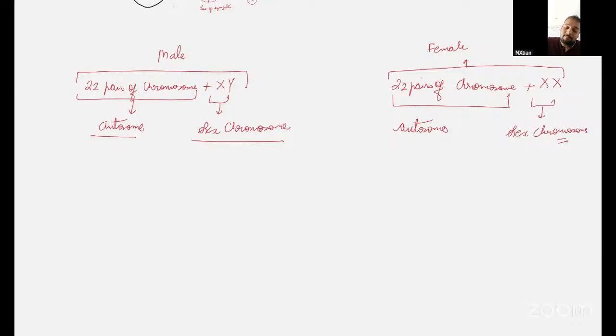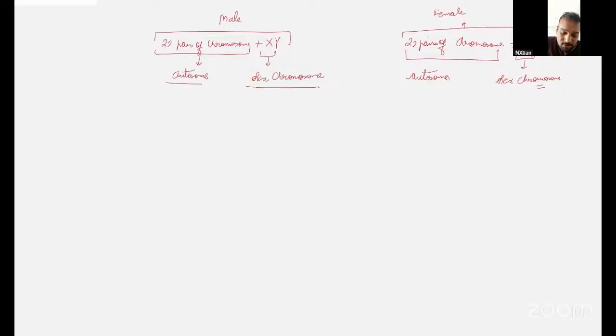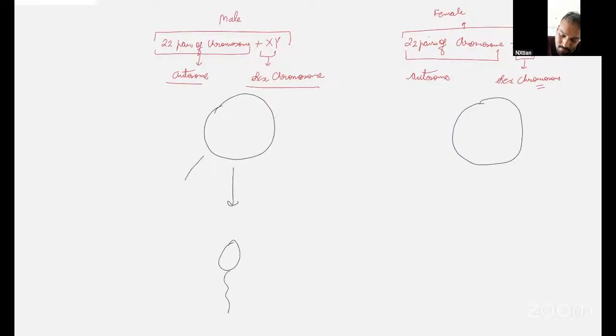Okay, now everyone please pay attention. What will happen when gamete formation is there? How many chromosomes do they have? Basically 44 plus XY and 44 plus XX. This one will create sperm, and this will create ova.